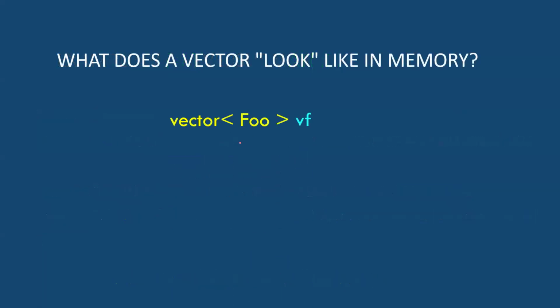Okay? Now in memory, you might just be curious to know what is going on with a vector. We don't really need to know. That's the whole idea. In fact, different compilers are allowed to implement vectors however they want.